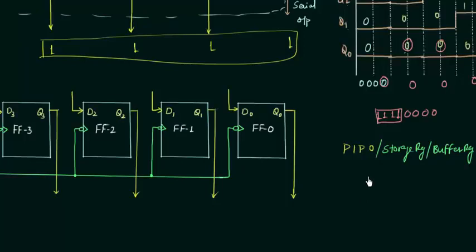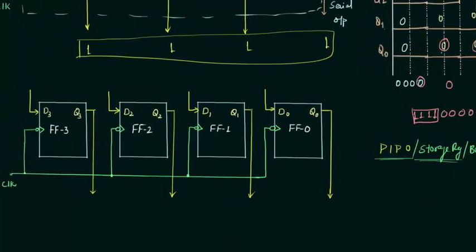I told you that depending upon the application we divide the registers into two types. The first one is the shift register and the second one is the storage register. So the storage register is nothing but the parallel input parallel output shift register, and we also call it the buffer register. So let's see what it is.